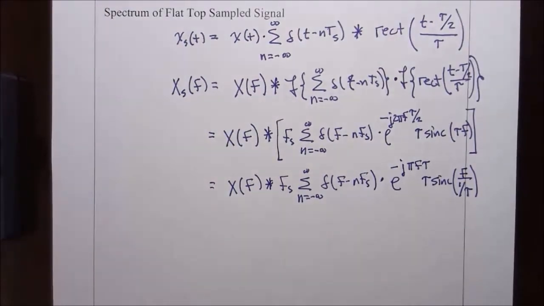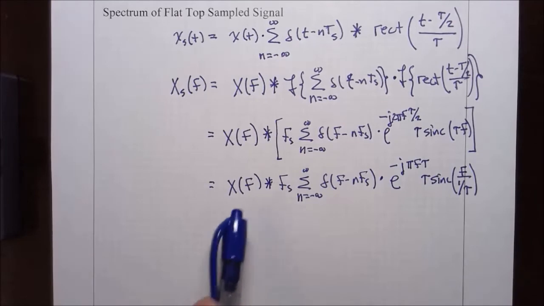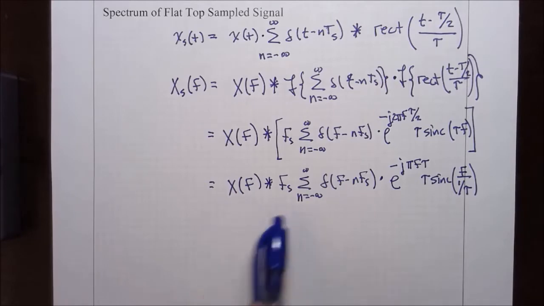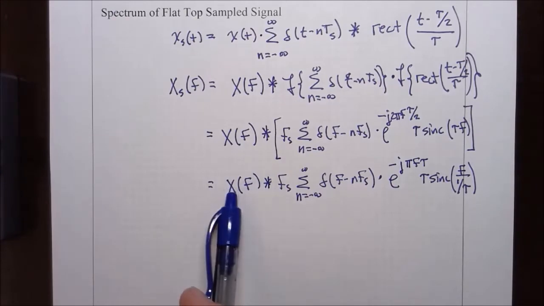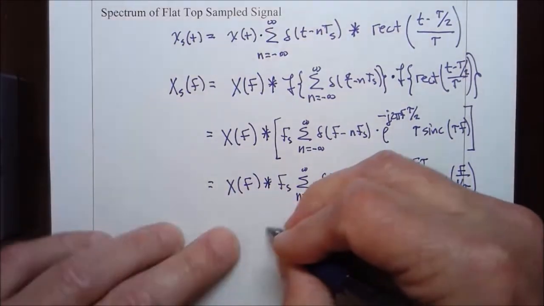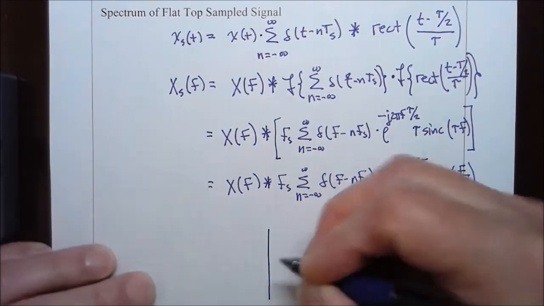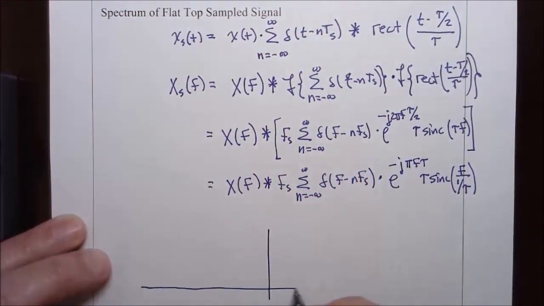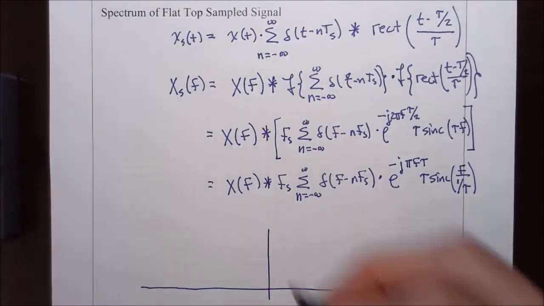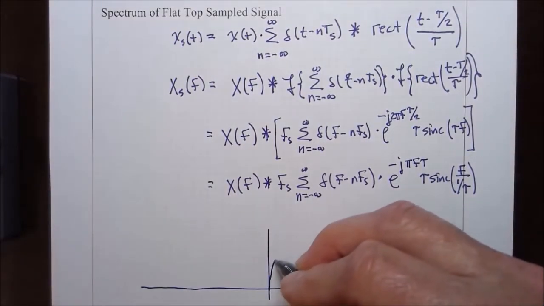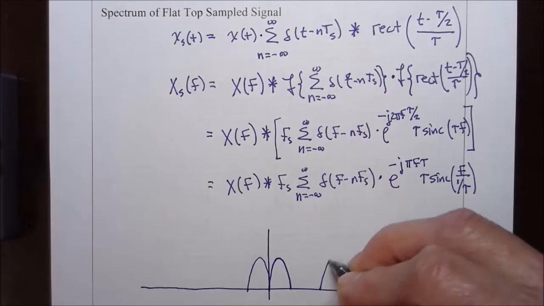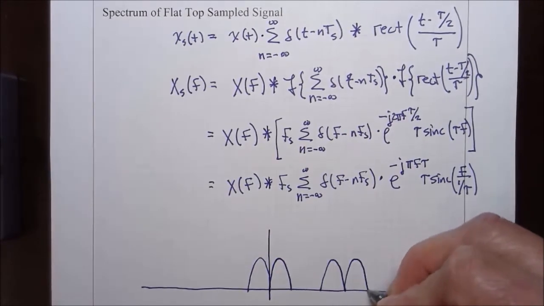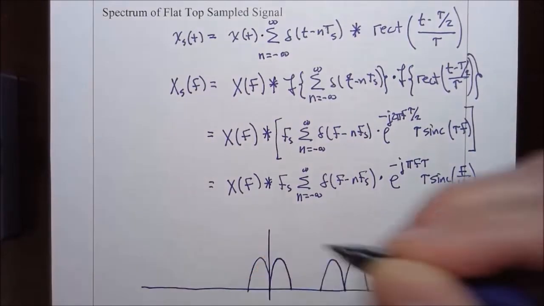And when we sketch this out, first of all we've got the replica of the original message signal that would look something like this. This is the result of this convolution.